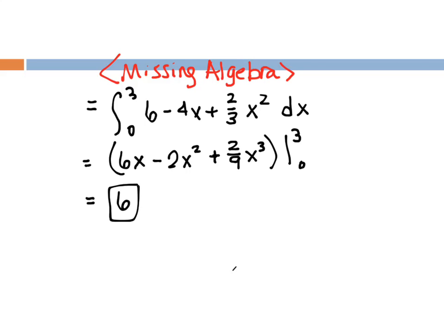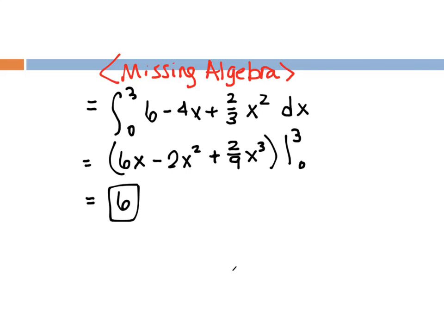You get an area, or volume, excuse me, of 6 cubic units. Any questions on that one? So that was a very geometric shape. Now, if you wanted to actually find that shape, there are formulas for calculating the volume of a tetrahedron. So you could actually calculate this one with geometry to verify your answer.